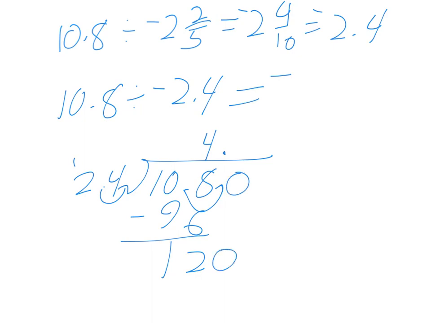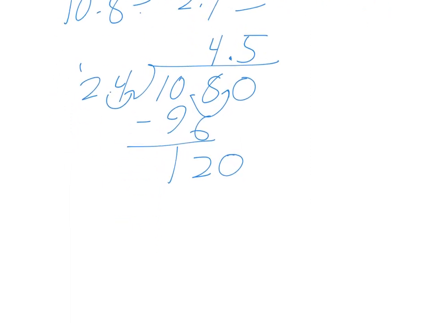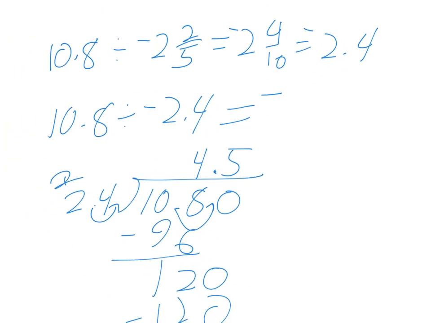Bring that down. 24 is going to go into 120, not 4. It's going to go in 5 times. Wow, it's actually going exactly 5 times. 5 times 4 is 20. 5 times 2 is 10 plus 2 is 12. 0. 4.5. So my quotient is going to end up being negative 4 and 5/10.